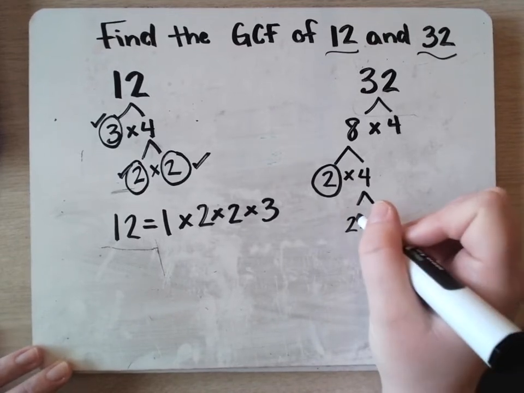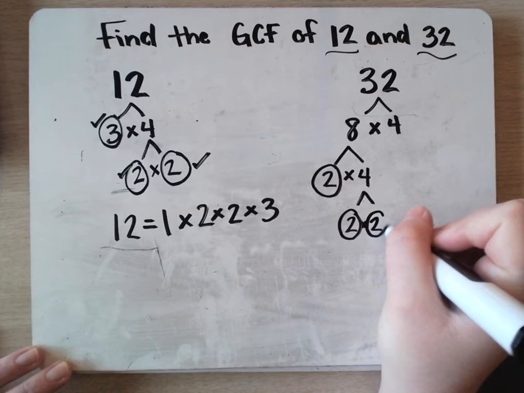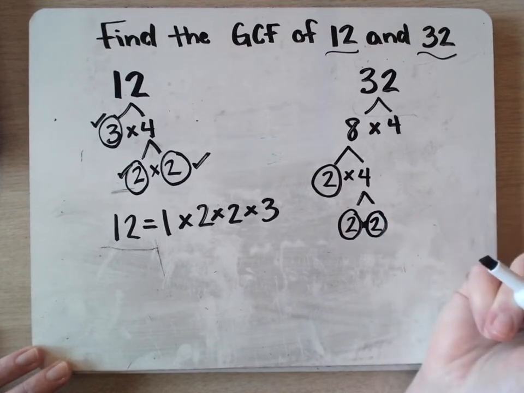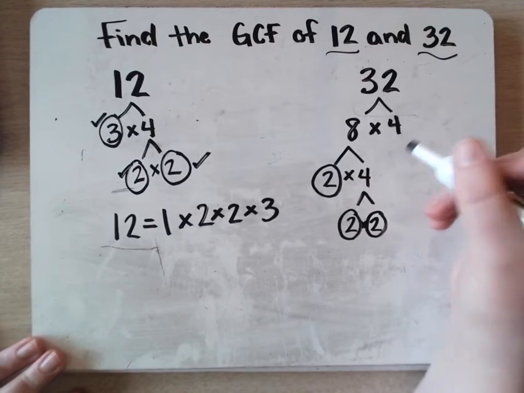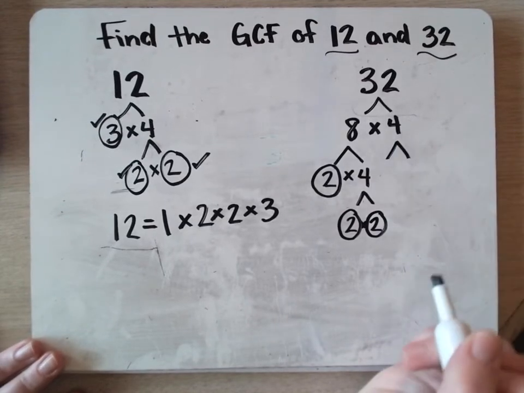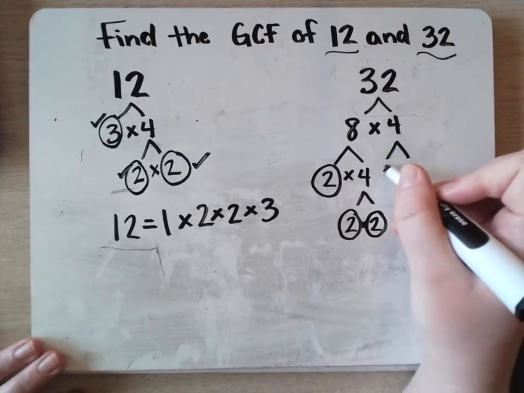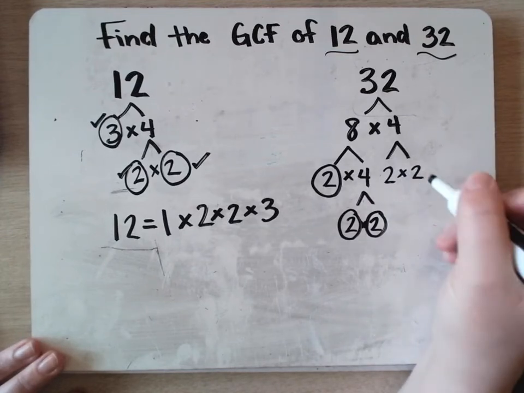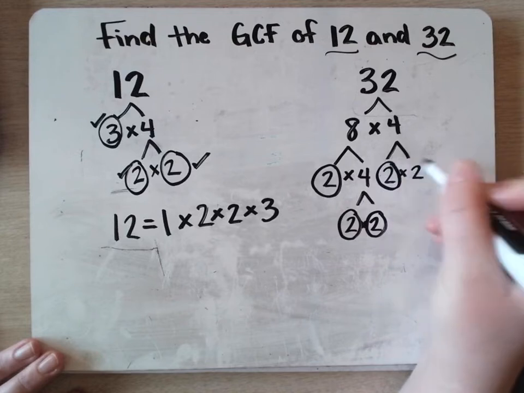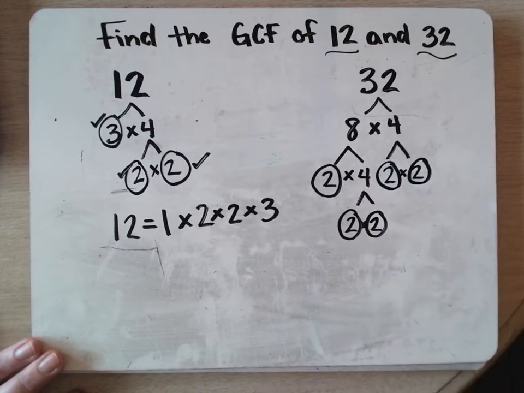And again, I'm going to circle my 2's because their only factors are 1 and 2. Now don't forget about your other number up here. I also need to break this 4 down. 2 times 2 equals 4. And I'm also going to circle them because they're completely broken down.